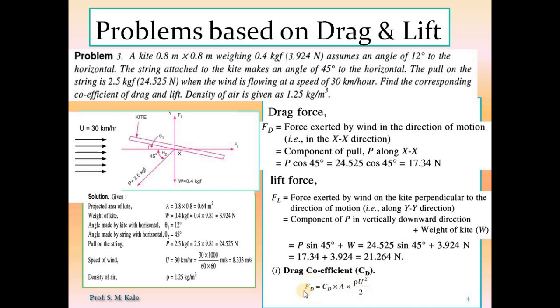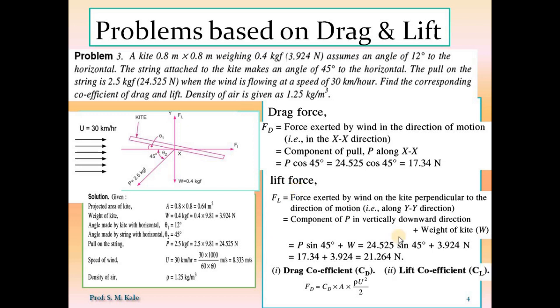In this formula, the value of FD we have already calculated as 17.34, the projected area of the kite is 0.64 meter square, and the density as well as velocity of the air we know. So put all those values, the only unknown term will be CD. I will get the value of CD automatically, that is the coefficient of drag.